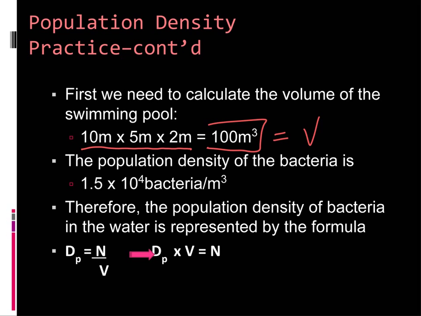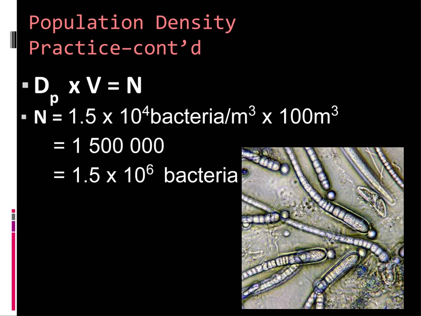Now the population density is already what we're given: 1.5 times 10 to the 4th bacteria per meter squared. Therefore, the number of bacteria in the water is represented by a formula which we will need to manipulate. So going from our original formula to this, like we did in the wolf question, we will get our value for density times our volume, which would equal roughly over 100 million.